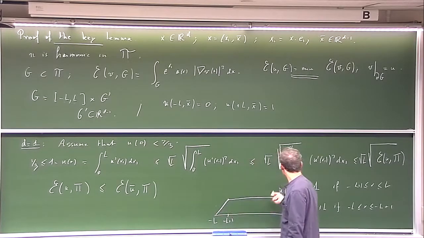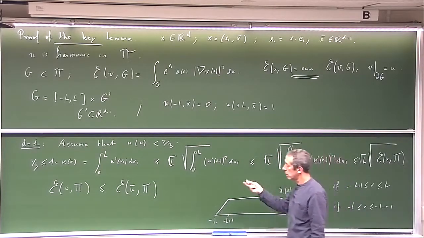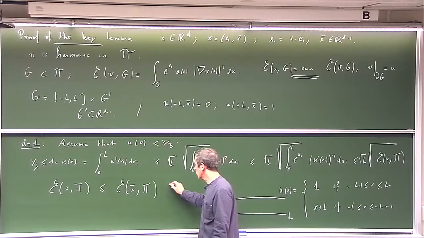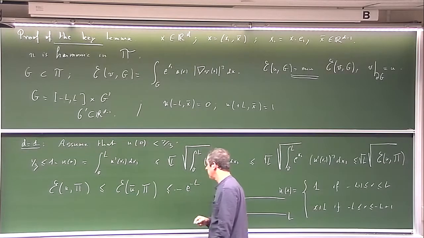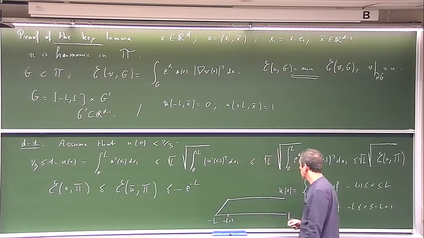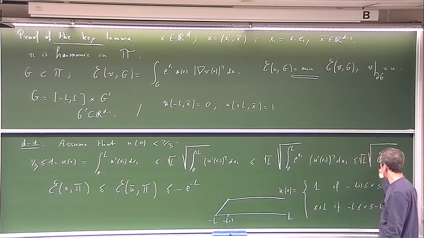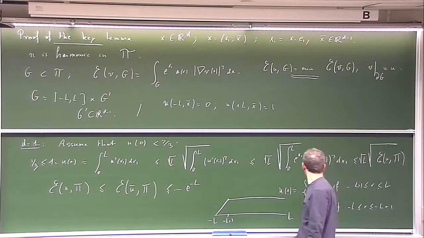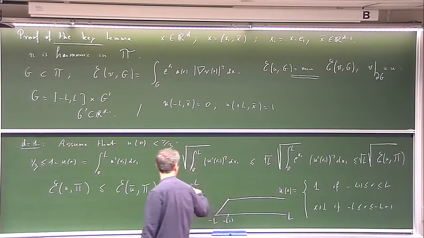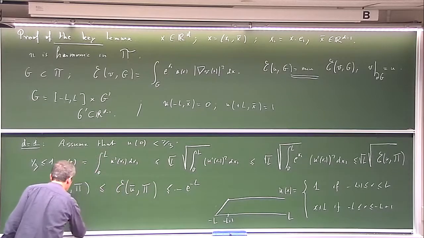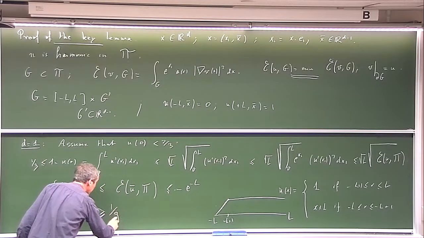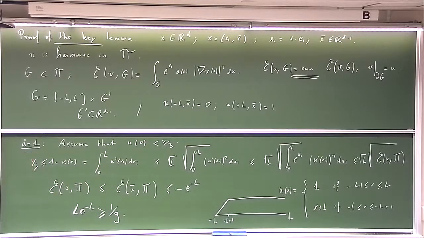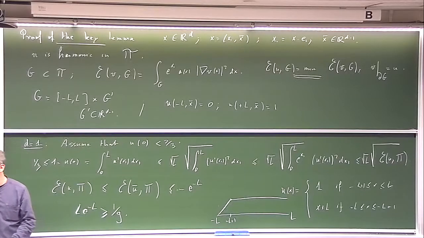And then x1 is of order minus L, so you see that this is smaller than something times exponential minus L. So if we put things together, we see that we have something like L exponential minus L should be larger than 1/9. And so if we choose L large enough, then we get a contradiction, and then U of 0 is larger than 2/3.